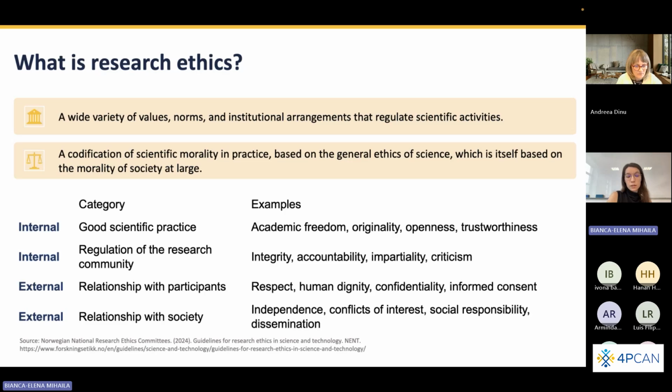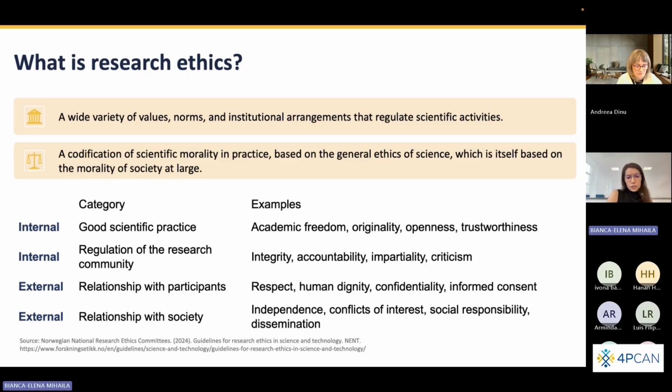It's a wide variety of values, norms, and institutional arrangements that regulate scientific activities, and somehow it helps in the translation of something that feels quite abstract for some of us, related to ethical or moral principles, into guidelines, and clear guidelines on how to work with data, how to extract data from people, and how to disseminate our findings.